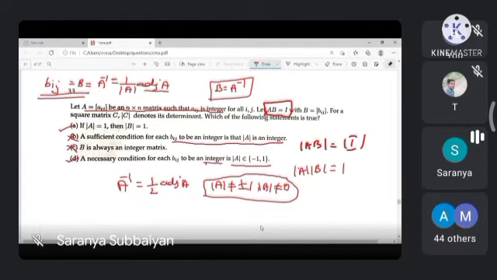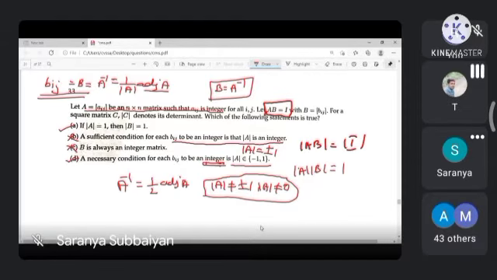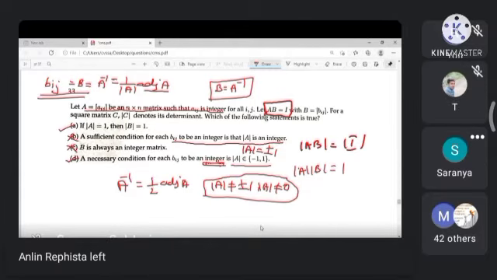You need only integer means determinant of A should be plus or minus 1. Is it clear? Any doubt? No doubt. So same question, slight modification, that's all.